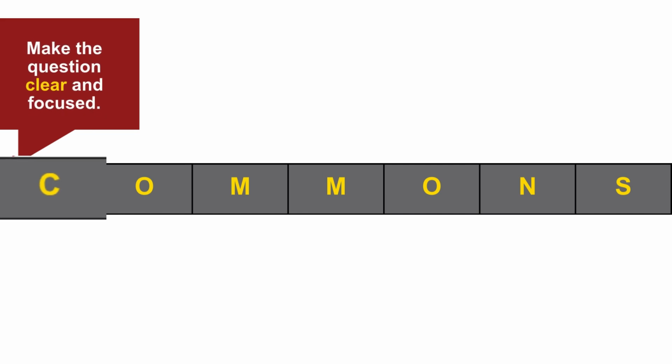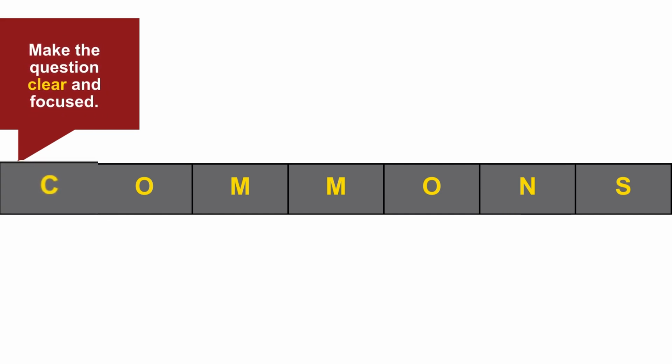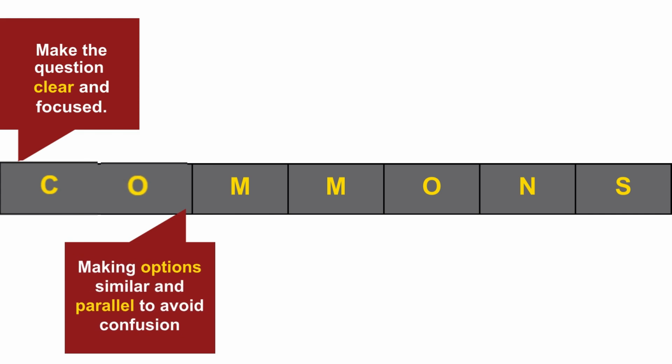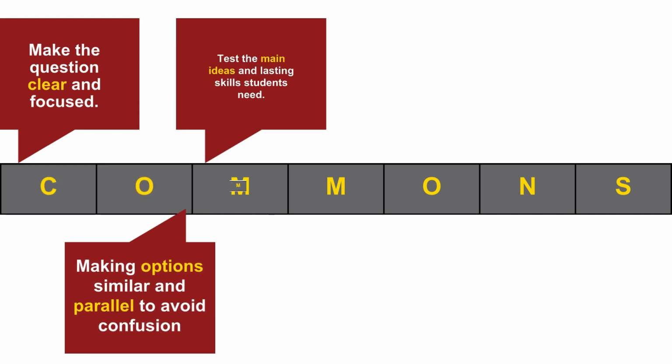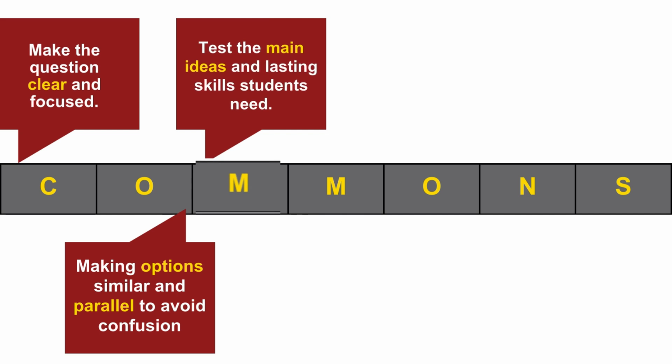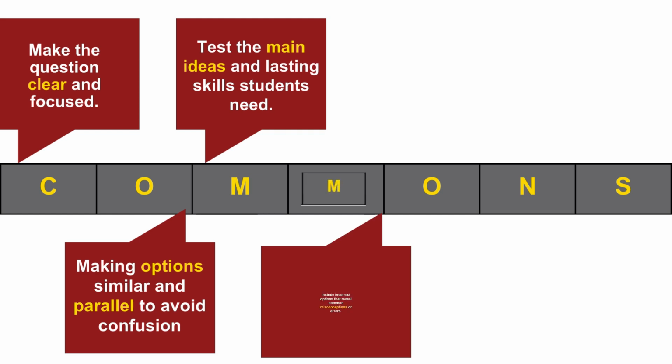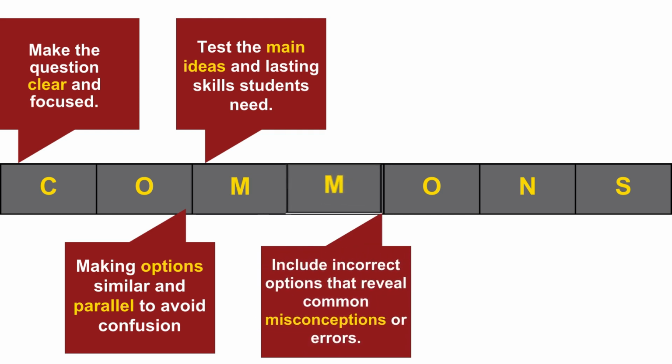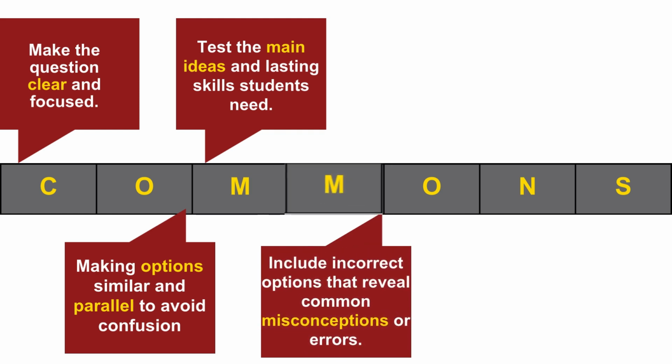C is for making the question clear and focused. O is for making the options similar and parallel to avoid confusion. The first M in COMMONS is to test the main ideas and lasting skills the students need. The second M in COMMONS is to include incorrect options that reveal common misconceptions or errors.